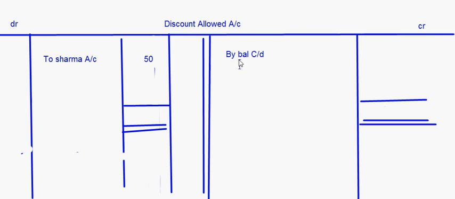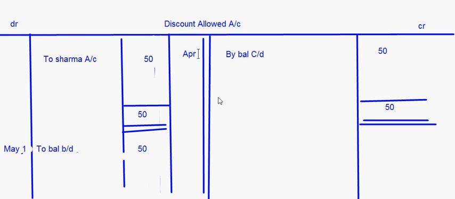So by balance carried down is this amount 50. So the account is balanced now, and on May 1st you will have to balance brought down, this is 50 rupees, right? Okay. So these are the ledger accounts.